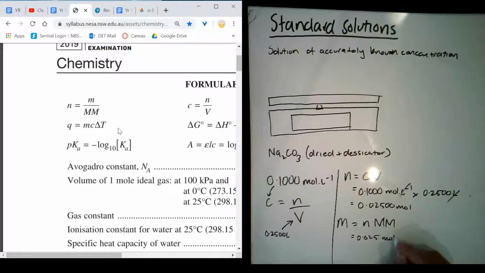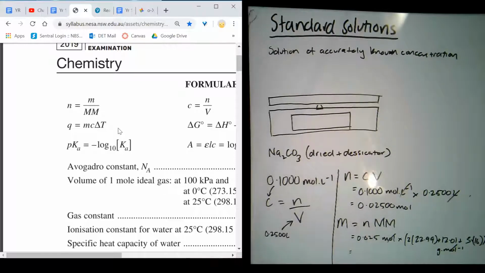Our molar mass in this case is sodium. There's two sodiums, so 2 times 22.99, plus 12.01 for our carbon, plus 3 oxygens, so 3 times 16. This is in grams per mole. Moles and inverse moles cancel, and we end up with grams.